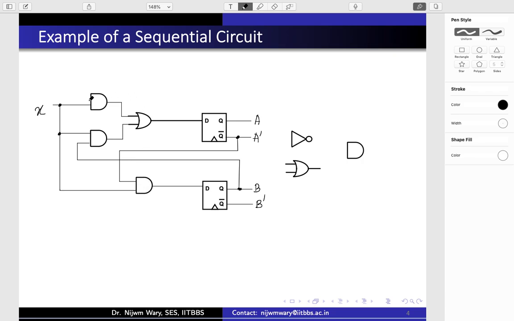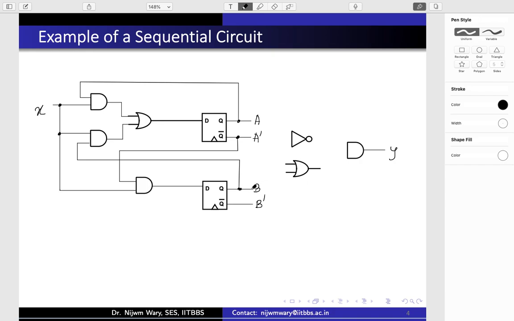Of course the input to this AND gate is from this output of A. And after this is my final output Y, and this has two inputs.